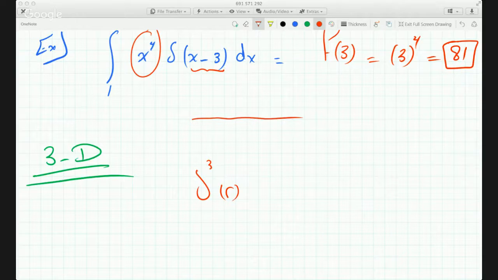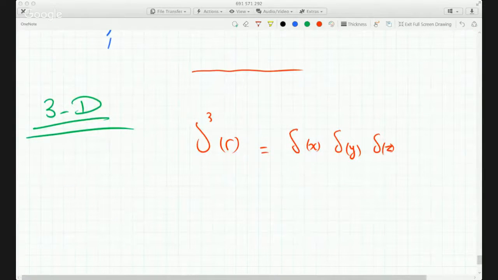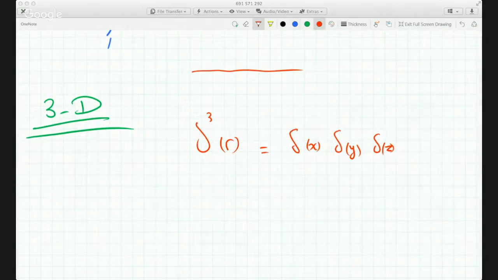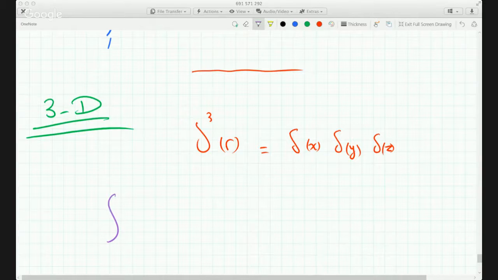So this will just be delta x, delta y, delta z, such that if I were to integrate this over all space, you will see integrals like this in electrodynamics.